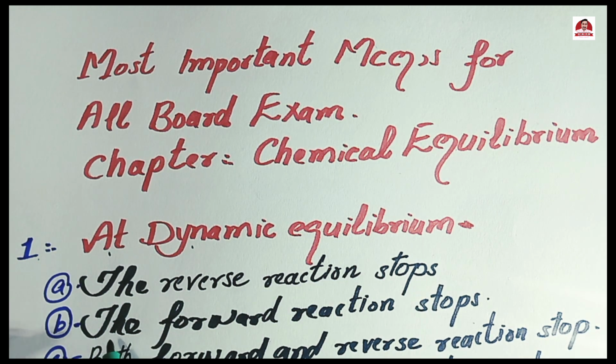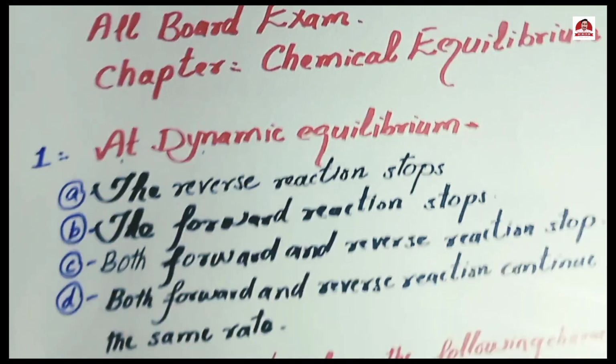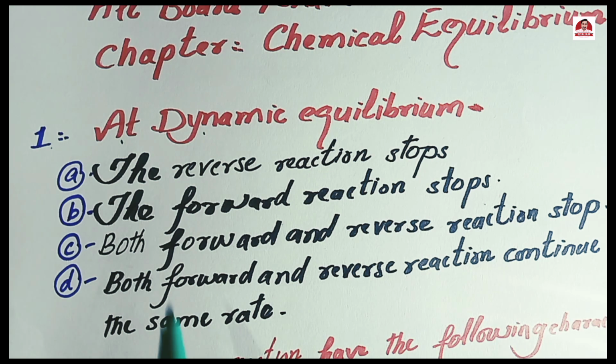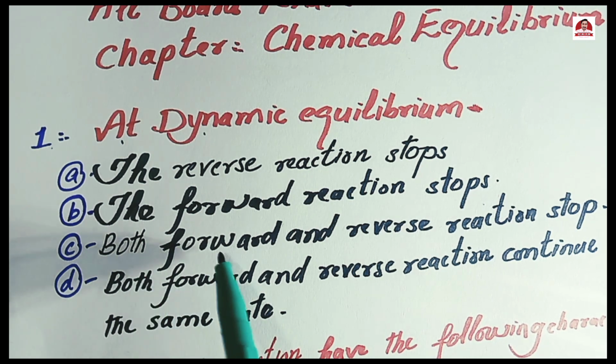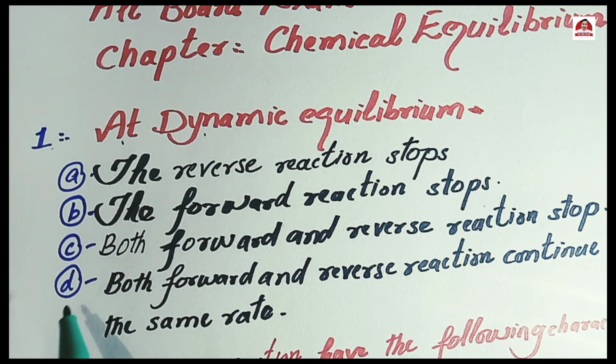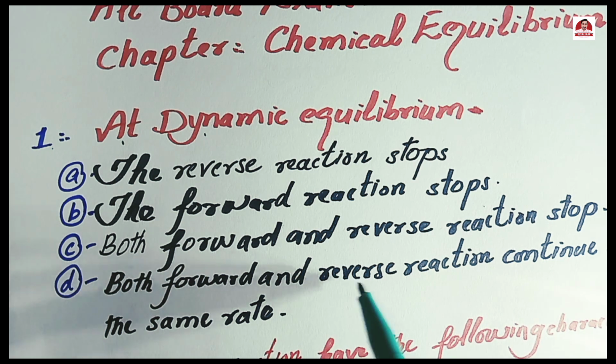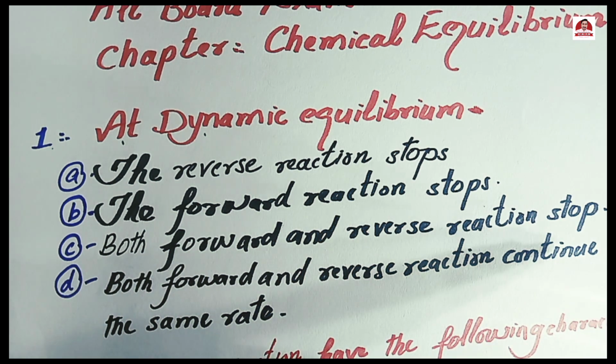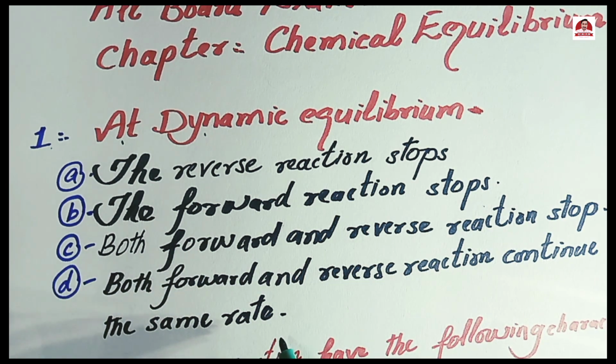Option B, the forward reaction stops. Option C, both forward and reverse reactions stop, and option D is both forward and reverse reactions continue at the same rate.